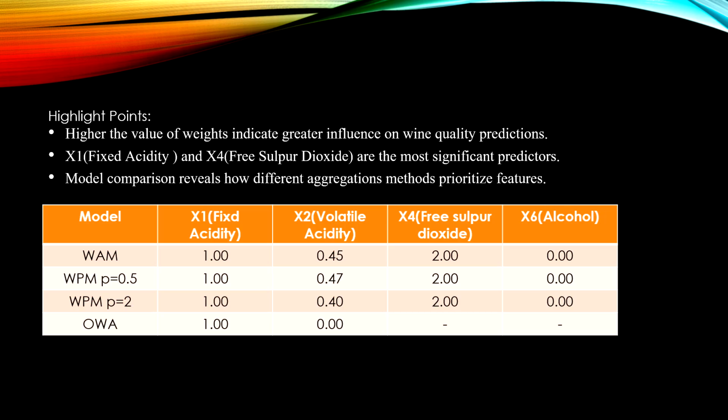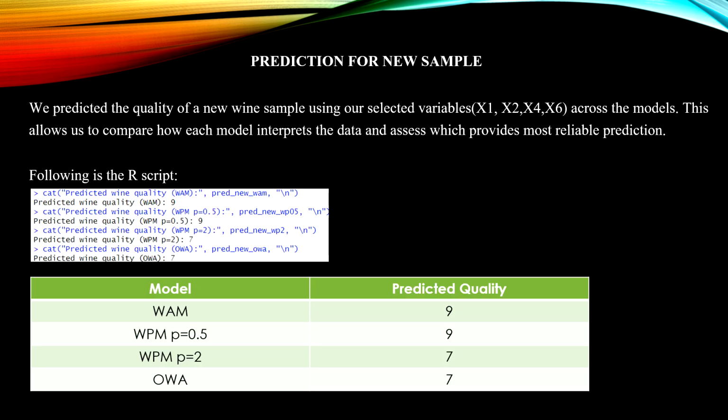Coming towards the next slide is the prediction for the new sample. We predicted the quality of a new wine sample using our selected variables that were x1, x2, x4, x6 across the models. This allows us to compare how each model interprets the data and assess which provides the most reliable prediction.